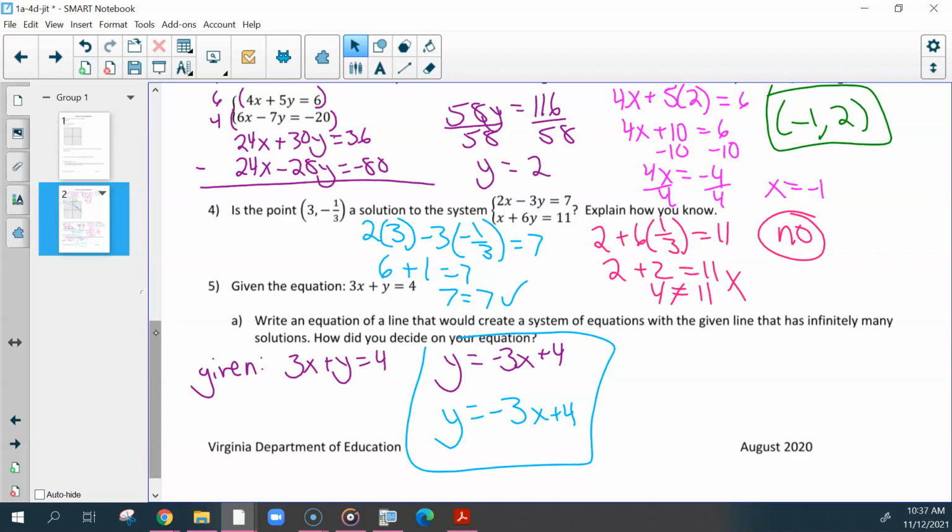If one or both does not work, so it worked for the first one, but it did not work for the second one, then this was not a solution, and the reason would be it doesn't work for both. It doesn't make both equations true, however you want to word that. Do we have any questions on that one?